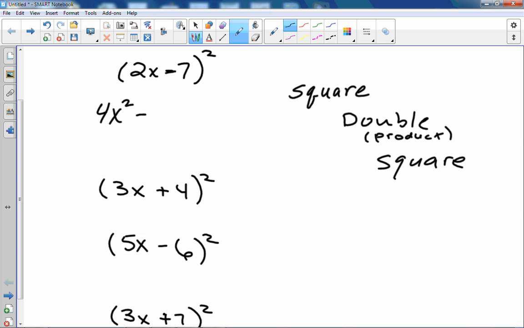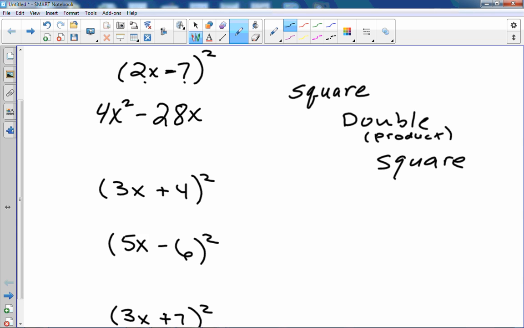And so when I say double, it means I'm going to take these two terms, multiply them, and double them. So 2x times 7 would be 14x, and 14x doubled is 28x. That's really the hardest part about this shortcut, is to kind of catch on there.